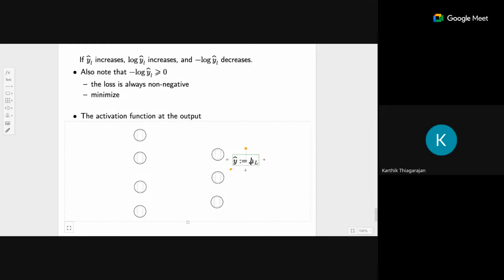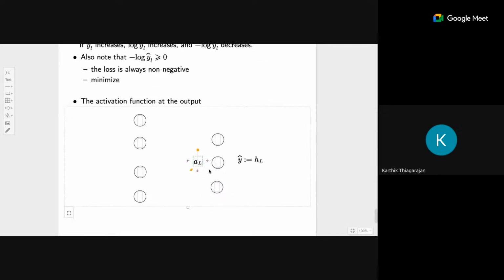Your y hat or HL is the output here. Now there should be something that converts AL into HL in a way that turns HL into a probability distribution.